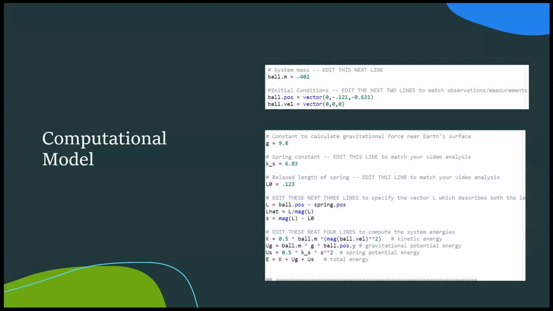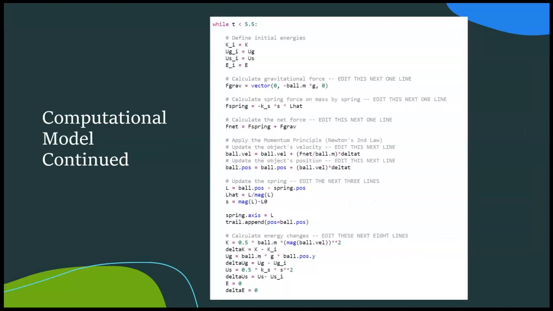We then specify the vector L, where L is the difference between the ball's position and the spring's position, L hat, which is the unit vector L over the magnitude of L, and s, the difference between the magnitude of L and L naught. We then continue to define the energies of the system, where the kinetic energy is 1/2 mv squared, the gravitational potential energy is mgh, the spring potential energy is 1/2 ks squared, and the total energy is the sum of the 3.